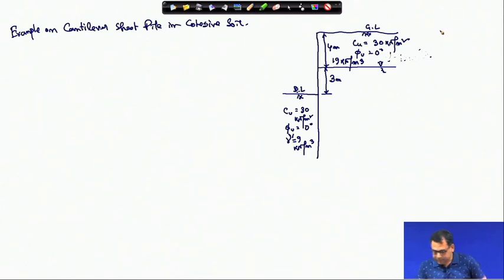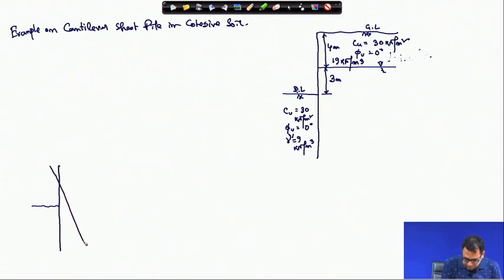If I draw the diagram for the cantilever sheet pile wall in cohesive soil, if this is the dredge level, then this is the active earth pressure distribution, and this is also the active earth pressure distribution. So, it is not in proper scale. Actually this side will be more.